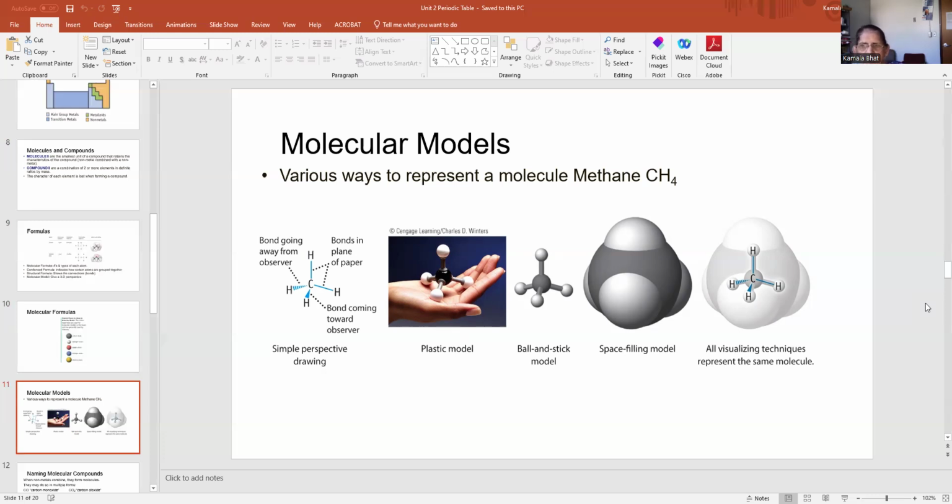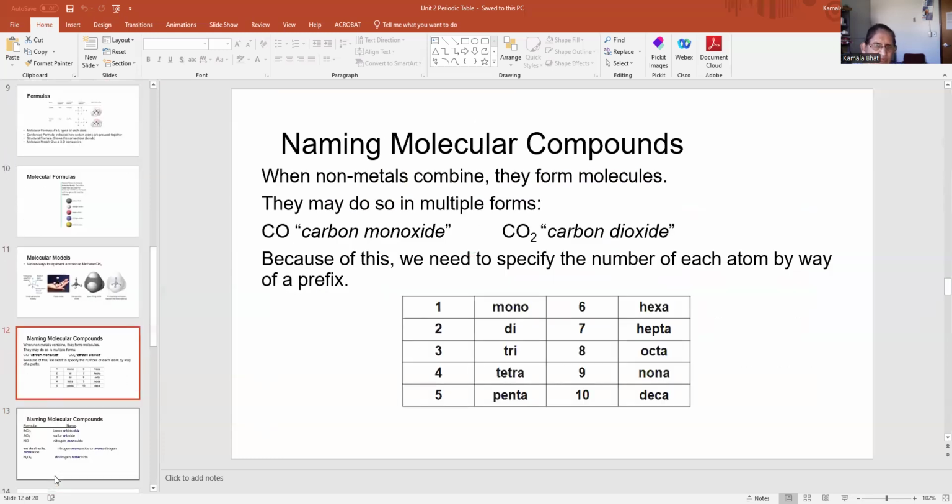And when we put all of them together, we get the visualizing technique representing the same model, because now the actual perspective drawing of the methane is superimposed on top of the space-filled model.